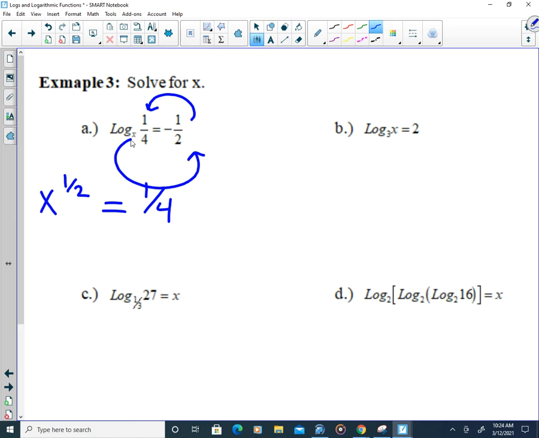We just did this in the last chapter before spring break. Because remember, if you have a to the 1 over n power, that's equal to the nth root of a to the first power. So what we really have here, x to the 1/2, you can think of that as the square root of x.